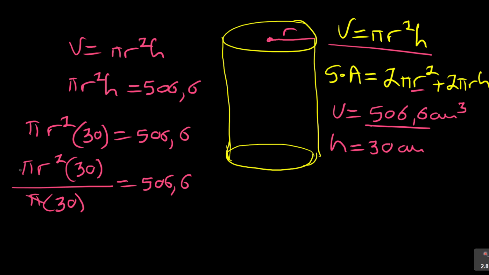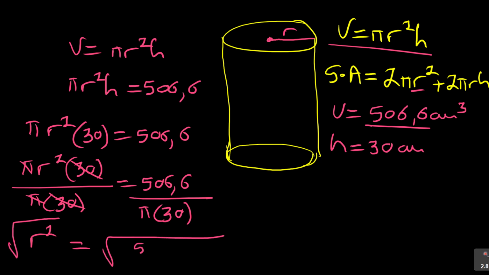So that's where you cancel, and what you do on the left, you do on the right. Are you seeing that? So that you've got r squared is equal to, then you'll square root that. So it's the square root of 506.6 over pi 30. Are you with me?